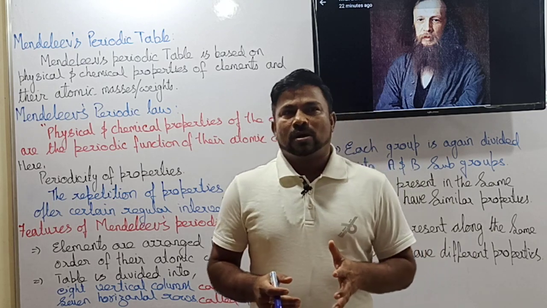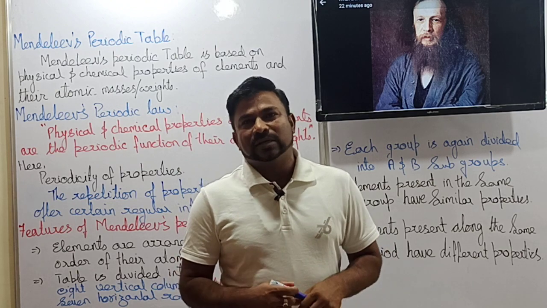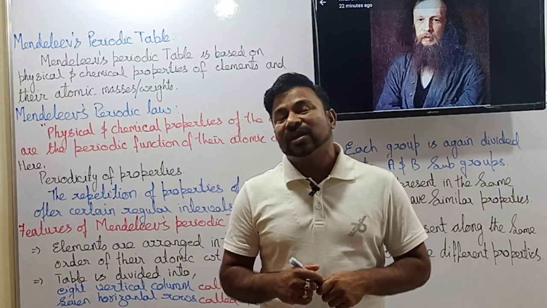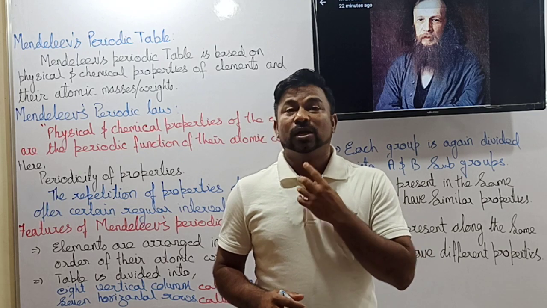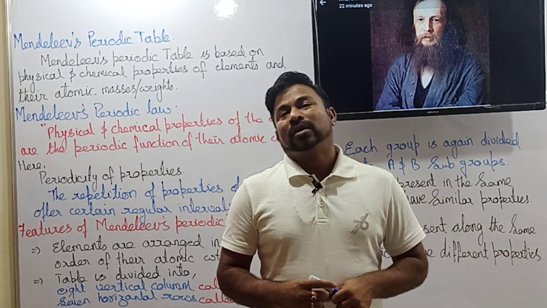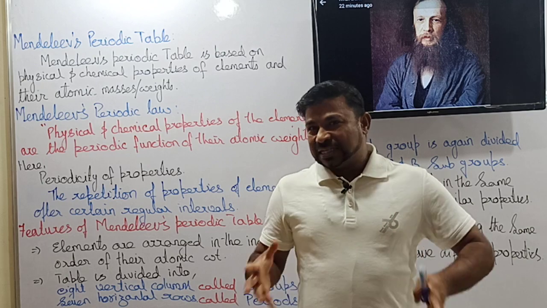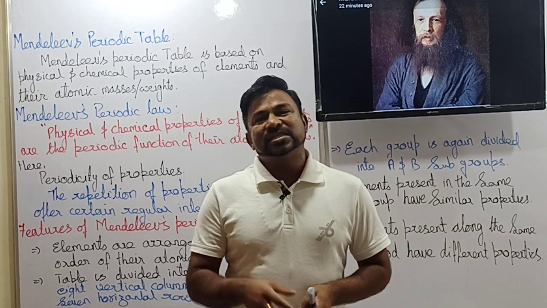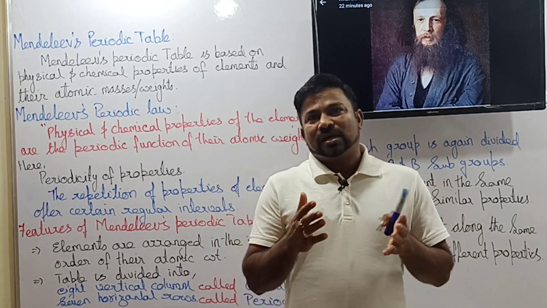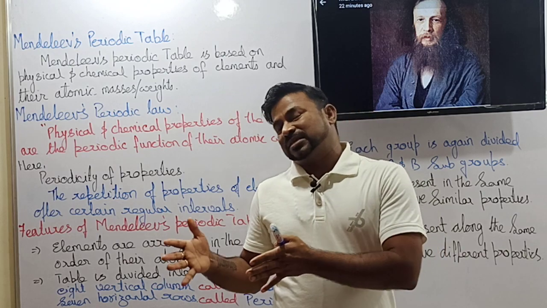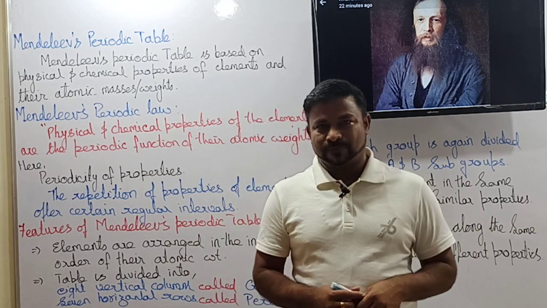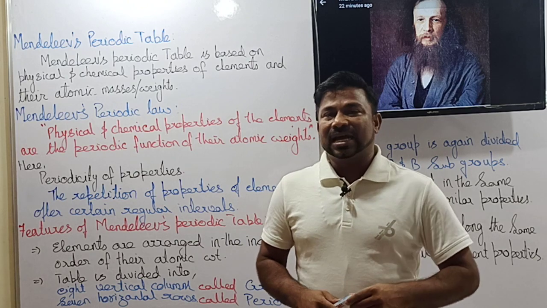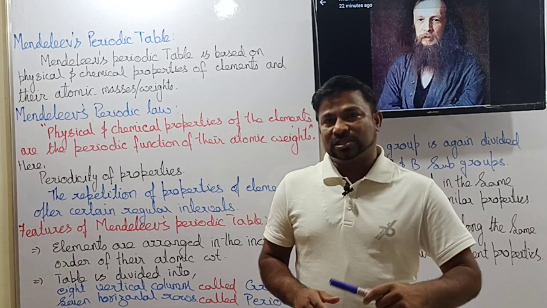Now, when we came to the thing that chemical properties are very important, the first person to come forward was Newlands. Then, based upon chemical properties, the very important one is atomic weight or atomic masses. Now, let's discuss Mendeleev's periodic table.